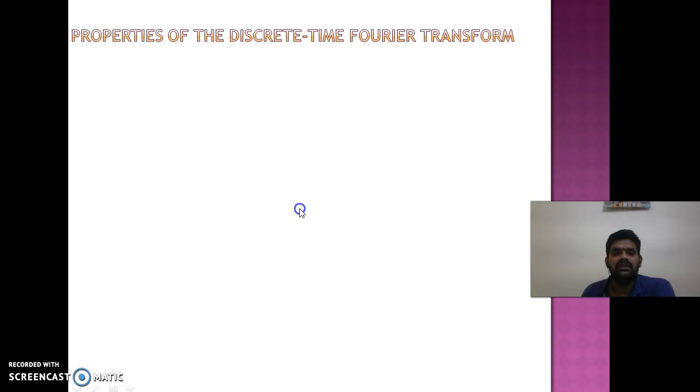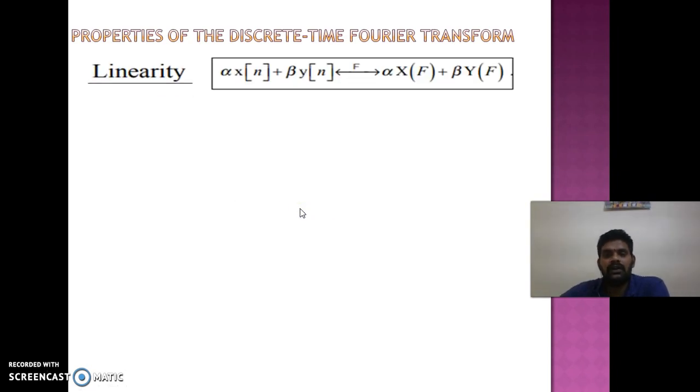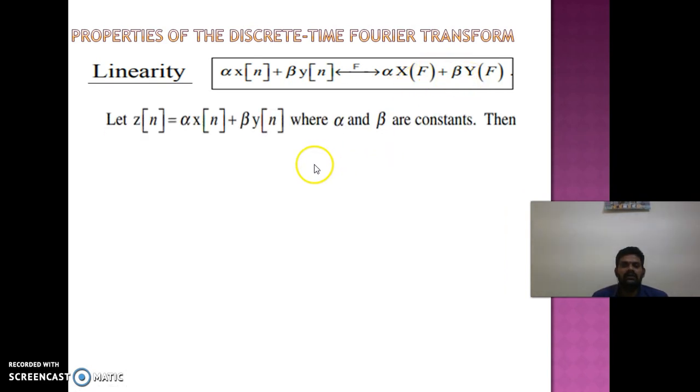Next, coming to the properties of DTFT, the first one is the linearity property. Alpha and beta are constants. Alpha of x of n plus beta of y of n is Fourier transform paired with alpha X of e power j omega plus beta Y of e power j omega. Let z of n equal alpha x of n plus beta y of n.